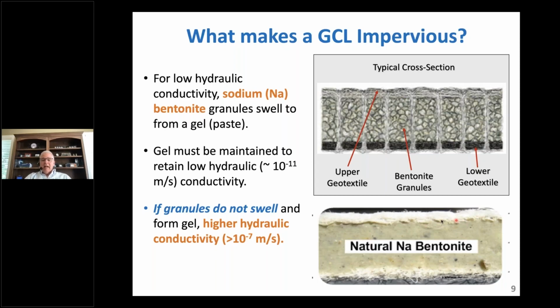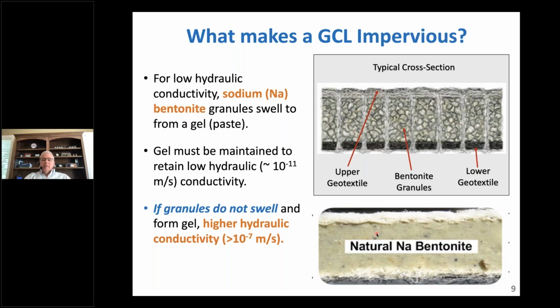And even in that kind of environment, we can have a GCL swell to form essentially a nearly impervious barrier with a hydraulic conductivity on the order of 10 to the minus 9 centimeters per second, or 10 to the minus 11 meters per second. Extremely impervious, where all the pores are really at the nanoscale, where water molecules are making their way through the pore spaces rather than large pores like we might see in sand.